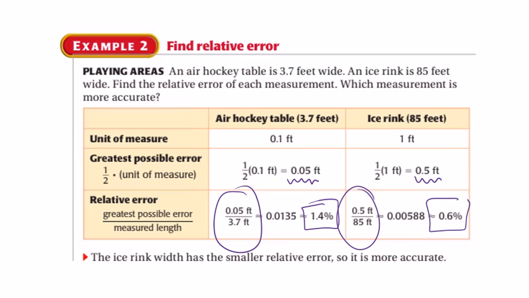For my air hockey table, it comes out to about 1.4%, which is pretty low. But the ice rink is even lower at 0.6%. So the ice rink has a smaller relative error, which means it is more accurate.